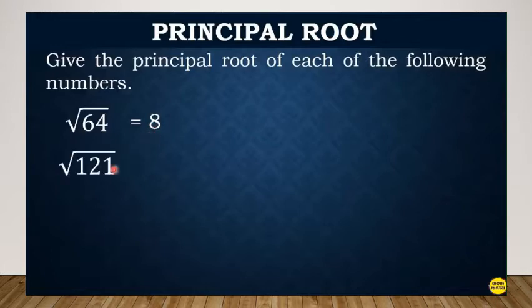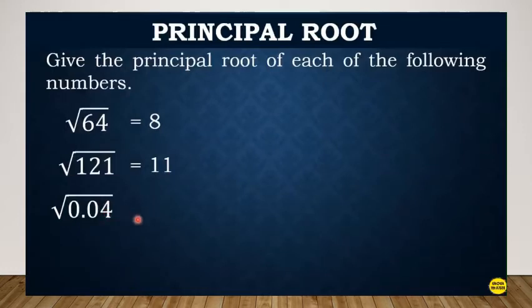Okay, next. Square root of 121, this is also a perfect square. So, that is 11. 11 times 11, multiplying it by itself, we will result to 121. And then next, square root of 0.04. Paano kapag may decimals tayo? Same procedure. So 4 is a perfect square, right?